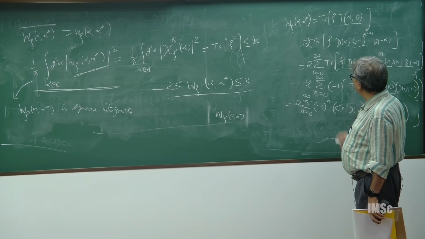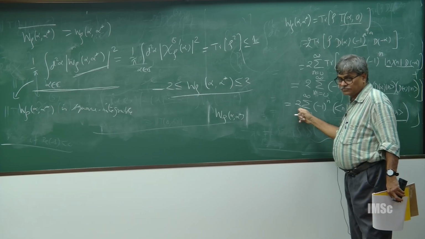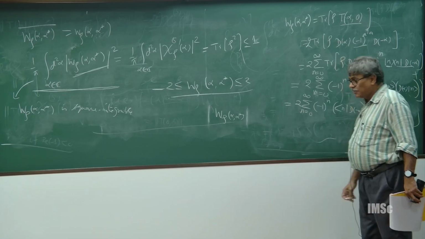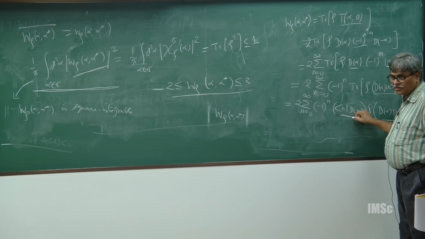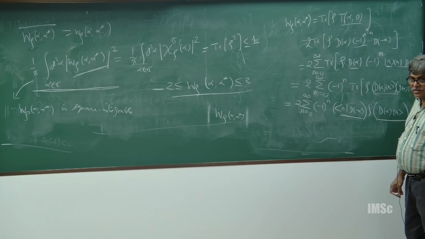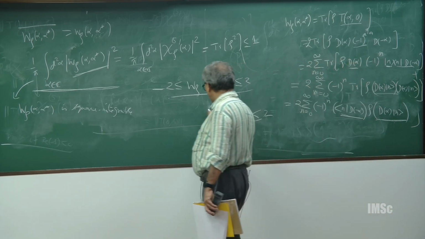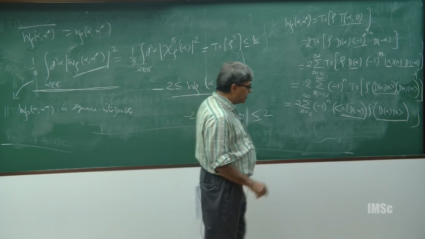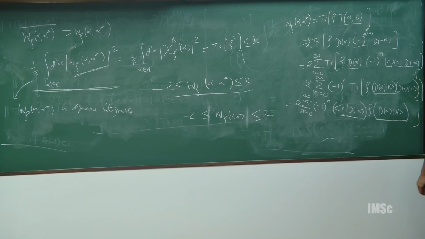So, the maximum value this can have is plus 2, right, because you see these are orthogonal for different n. Okay. So, is that a correct statement that this is less than or equal to 2, greater than or equal to minus 2? Can I say that from here? Yes or no?